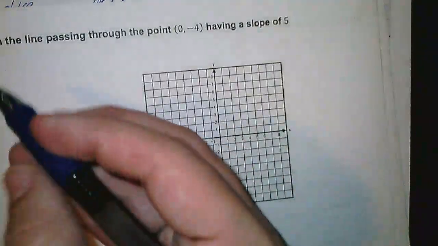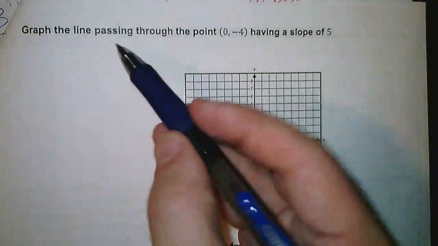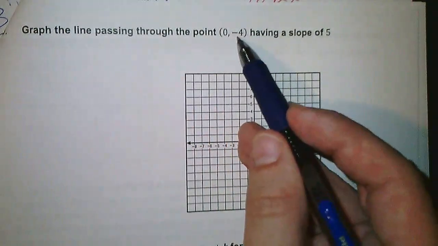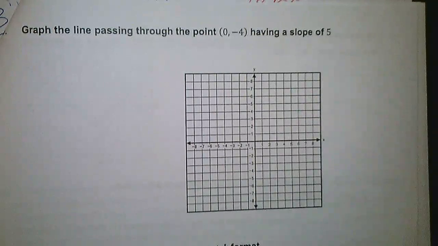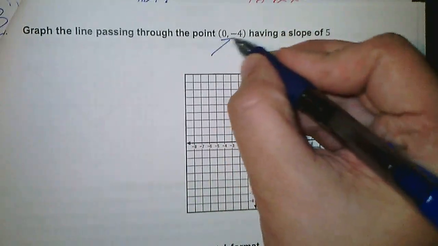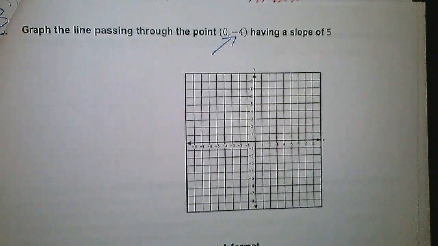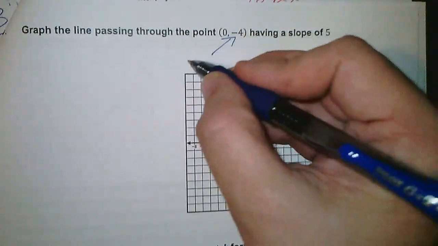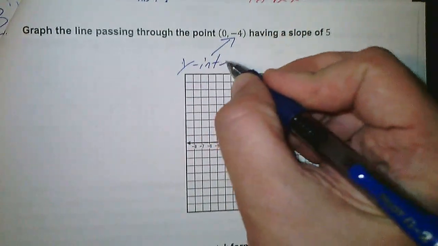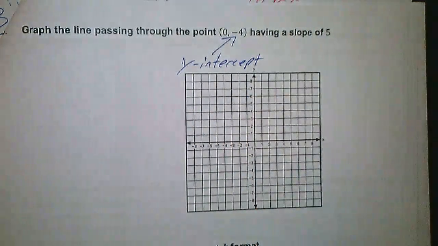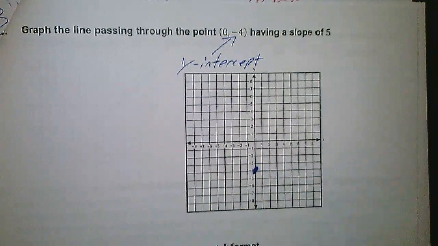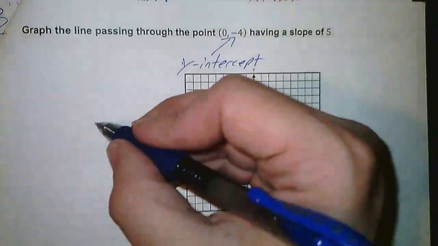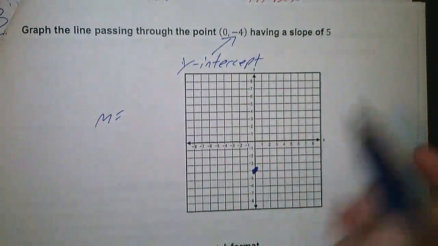So number 10 here, graph the line passing through the point 0, -4, having a slope of 5. So hopefully by now we recognize 0, -4 as the y-intercept. So we start by plotting at the y-intercept, and then our slope, m, is 5.